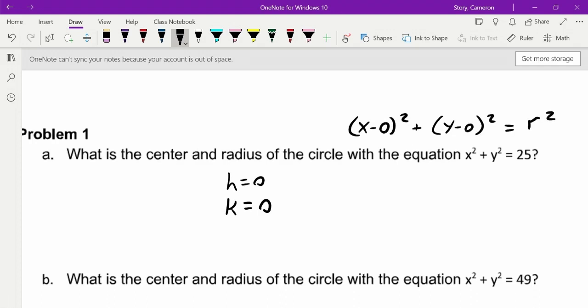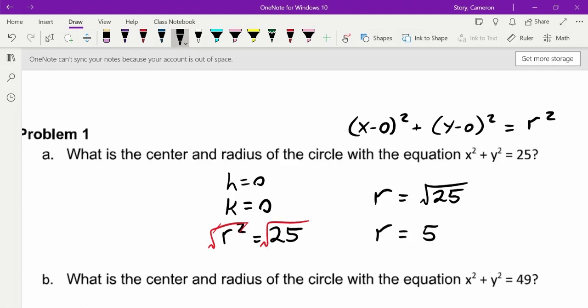This also tells us that r squared is equal to 25, which means that my radius is going to be equal to the square root of 25, if we take the square root of both sides to get rid of the square. The square root of 25 is just 5. So we get a center at (0, 0) and a radius of 5.